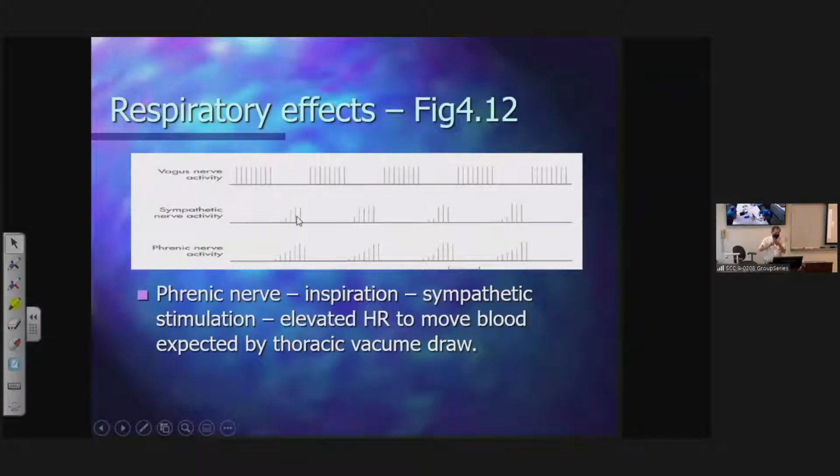So that's two ways that breathing makes your heart rate rise. One is right atrial stretch, Bainbridge. Two is phrenic nerve tied to sympathetic nerve. So when you breathe in, your heart rate goes up by two mechanisms we just learned about. And when the sympathetic's on, the parasympathetic's off. So these guys are like they're one or the other.